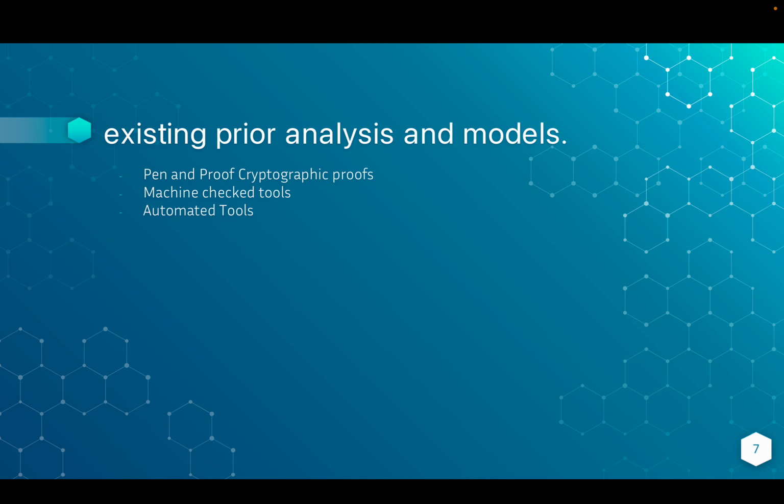Okay, existing prior analysis and models that the authors have gone through in this research paper prior to the creation of their own models. First one is based on pen and paper cryptographic proofs. These kinds of analysis generally use paper and pen, and they manually write down the conditions and try to satisfy those conditions, and there have been several good outcomes out of this.